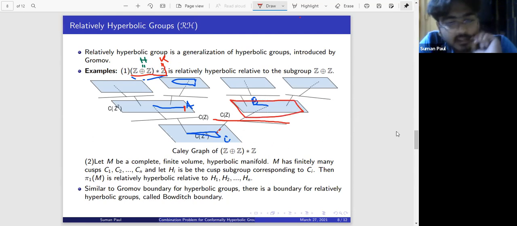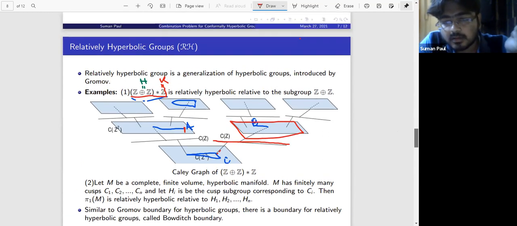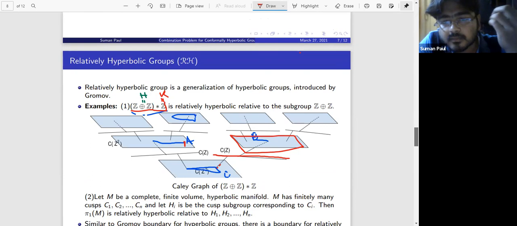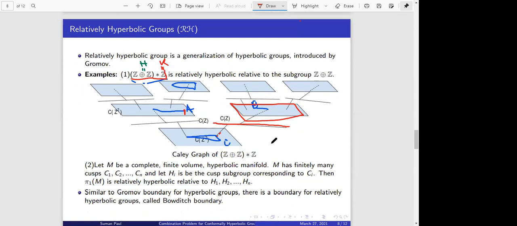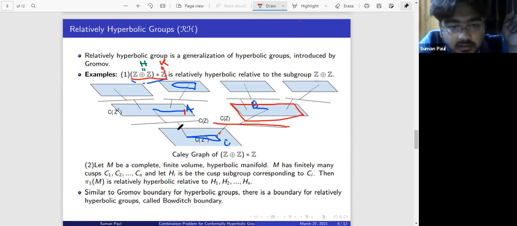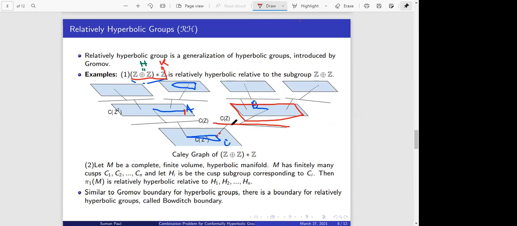Is that clear now? Almost actually. Between these two planes, what is this red line doing?